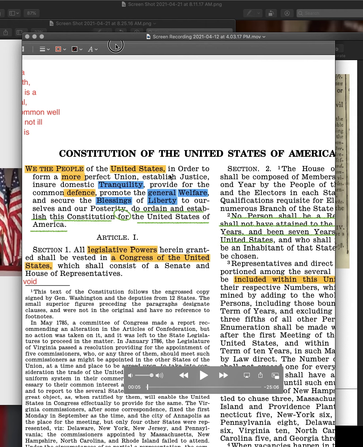So we, the people of the United States, do some work, and all the work is listed in the Constitution for the outcome, which is a more perfect union, establish justice, ensure domestic tranquility, provide for the common defense, promote the general welfare, and secure the blessings of liberty to ourselves and our posterity. So this is the result of them, the United States federal government, working for the United States of America, which are the states.